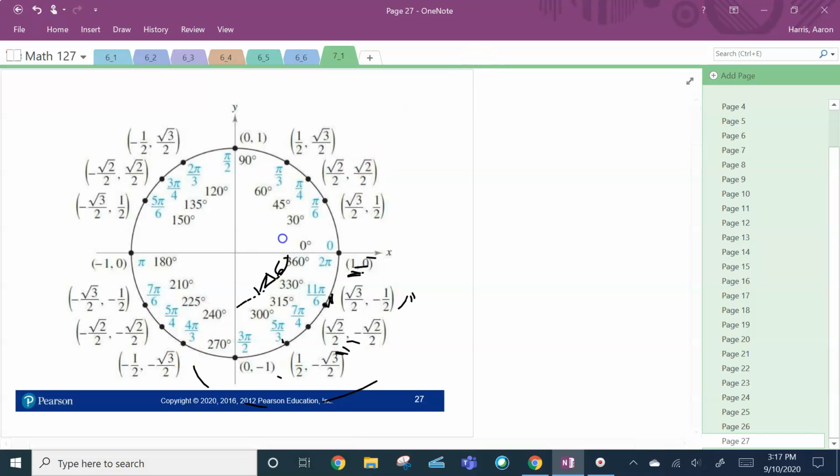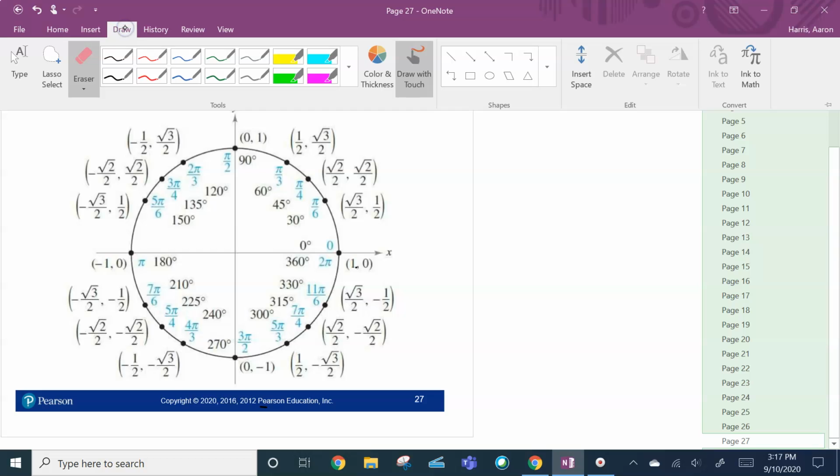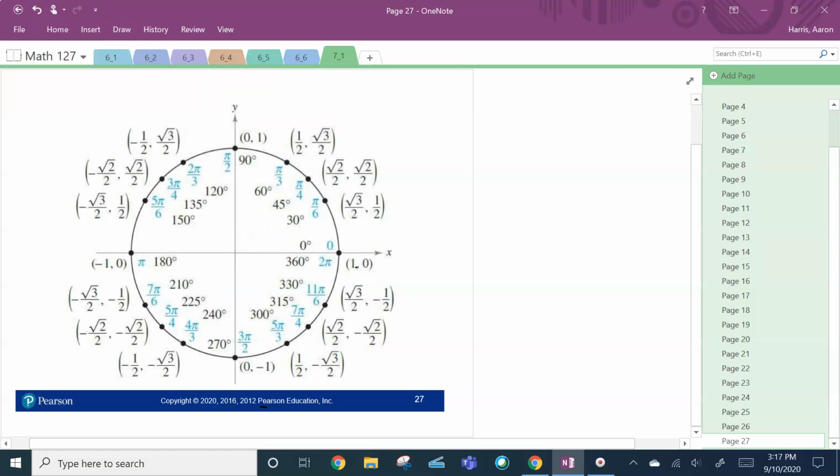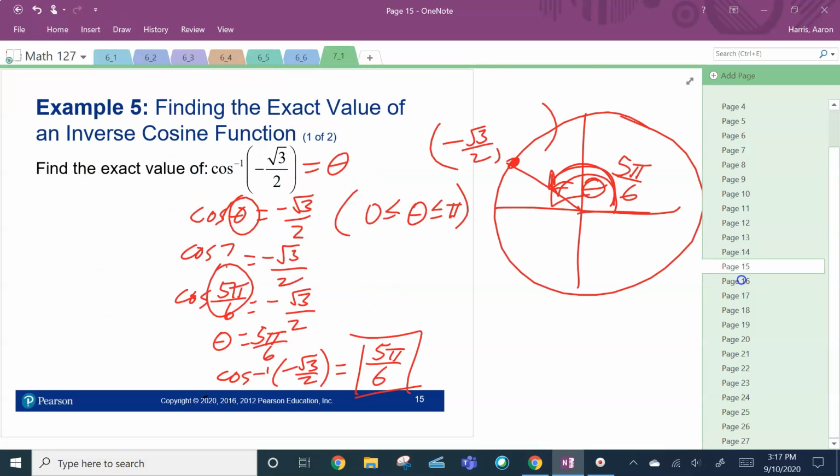Come back to this unit circle later. Where was I?